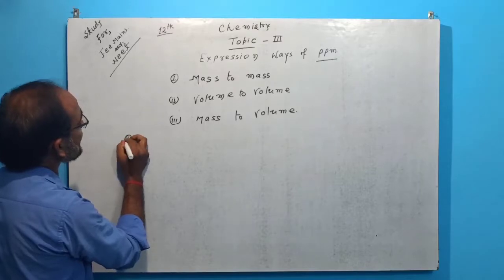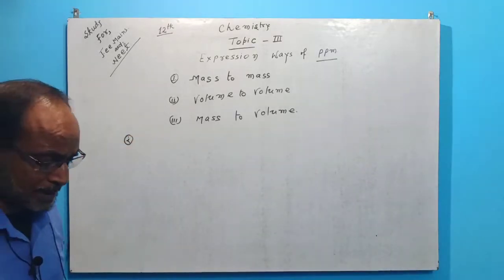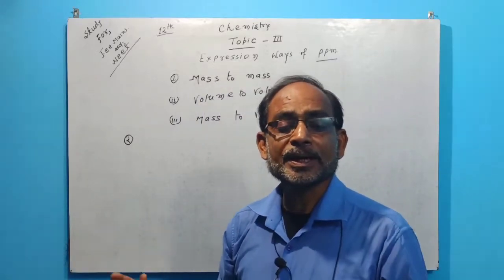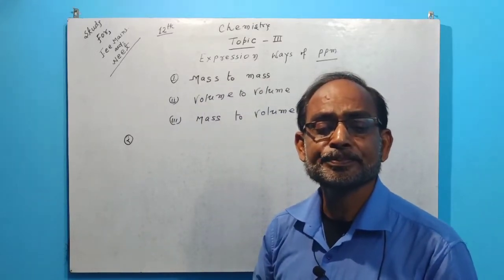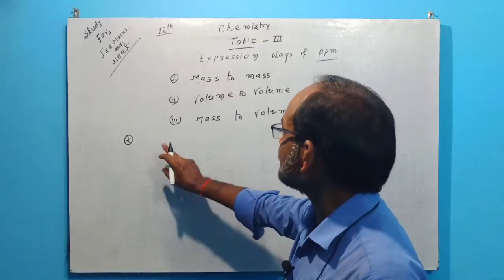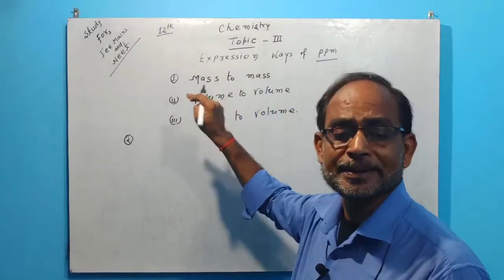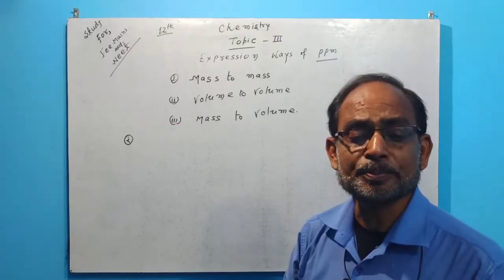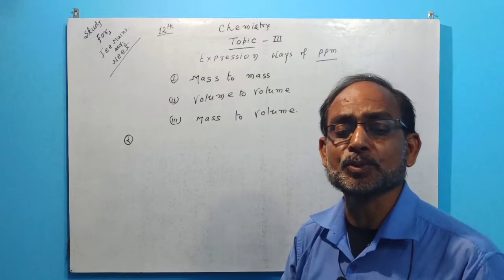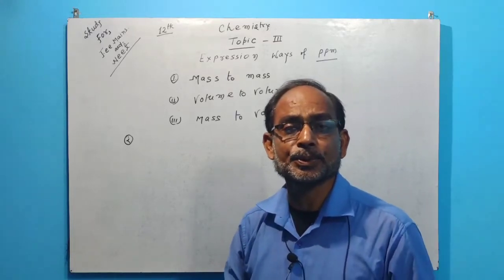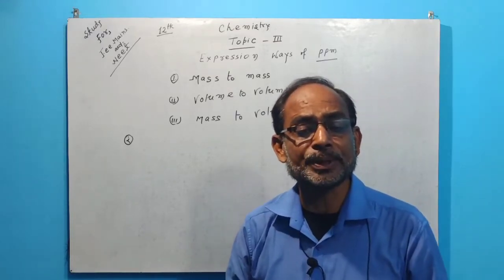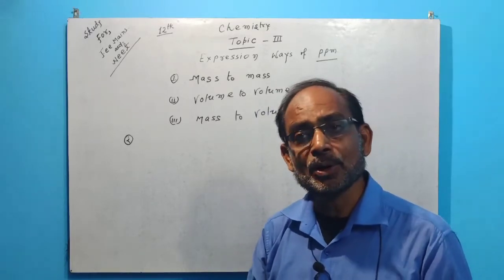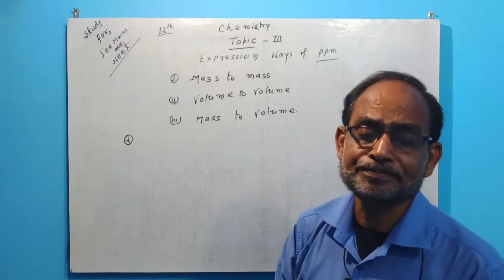Point one, mass to mass. The expression of ppm that can be derived from mass to mass is the millionth times of ratio. Mass to mass is the ratio of mass of a component and the total mass of the solution.